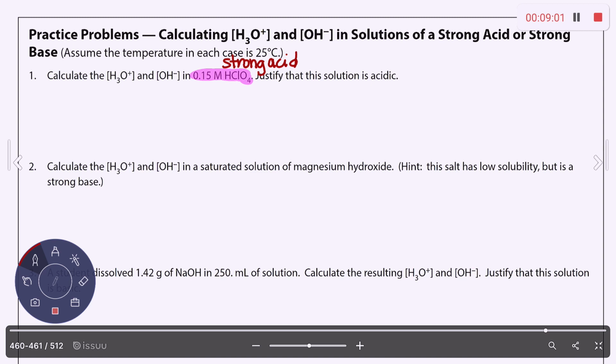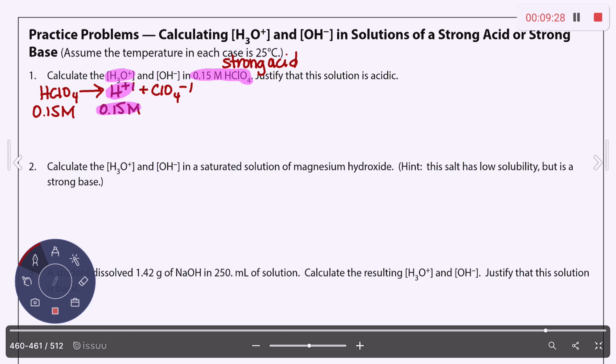So when it breaks apart, can you tell me what ions will form? Yeah, H plus 1 and ClO4 minus 1. So this would be 0.15 molar. That's really the only one that I'm concerned about, because this hydrogen ion concentration is the same thing as the hydronium ion concentration, right?